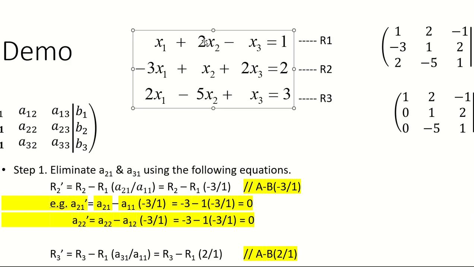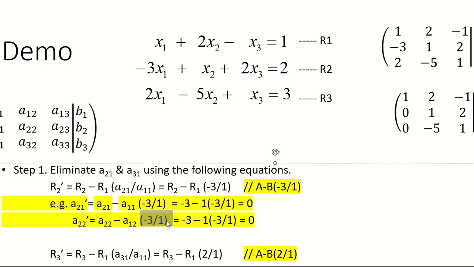A12 is this one, 2. A22 is here, 1. And then this will be maintained. Don't sabotage this one because you already key in your formula in your calculator. So what will be here? A22 is 1, the coefficient, so it's 1. And here minus the A12, now is 2.